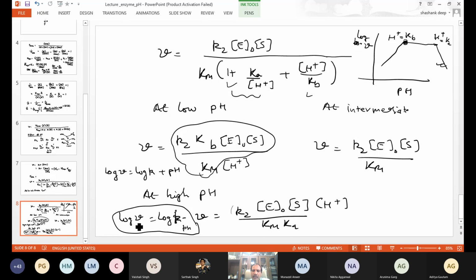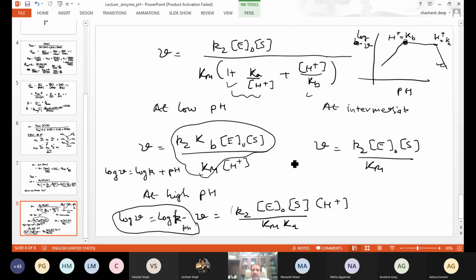So log V is equal to log K minus pH. In the earlier case it was plus pH; in this case it will be minus pH. So at high pH it will go down.